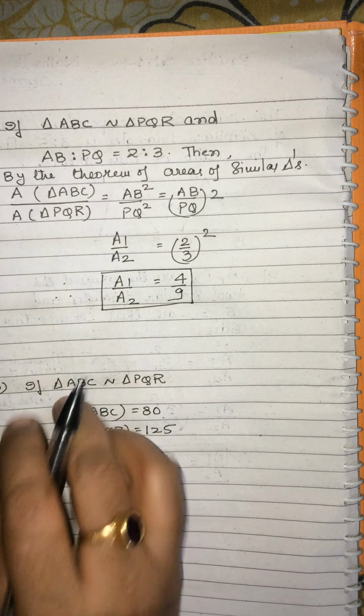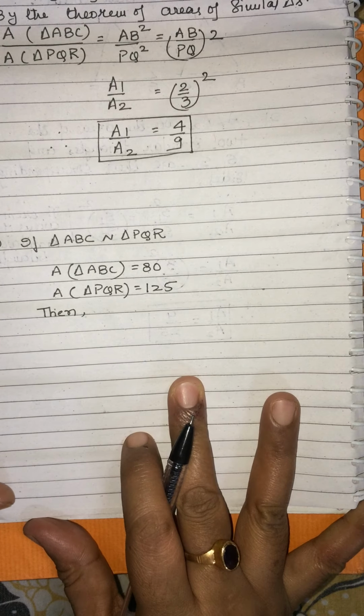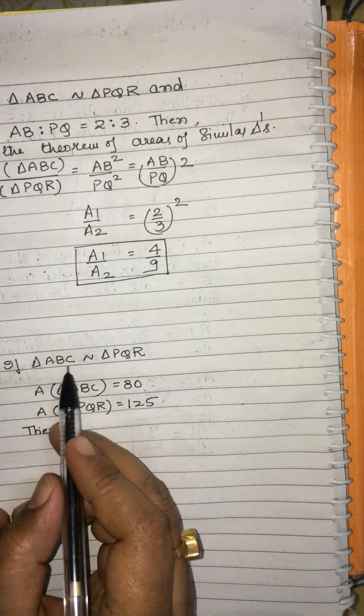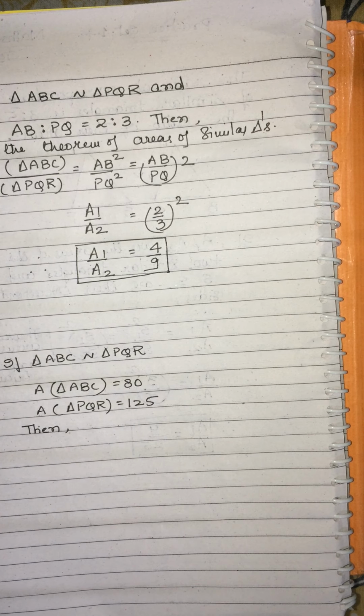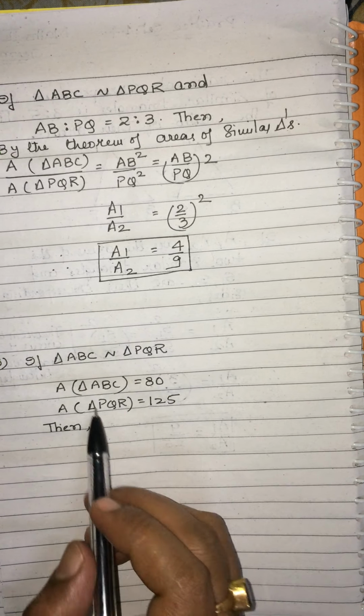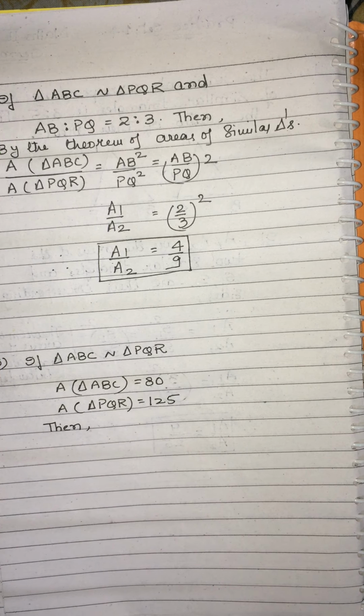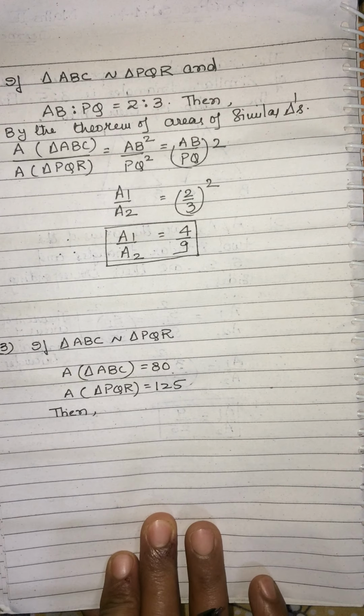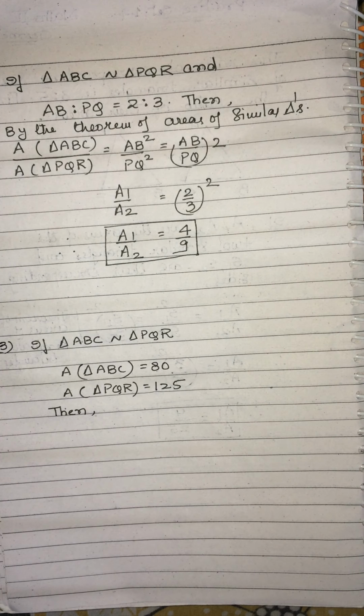Alright. In a similar manner is the third one, children. We are given that triangles ABC and PQR are both similar to each other, and the areas are already given to us. Then we have to find the ratio of their sides.